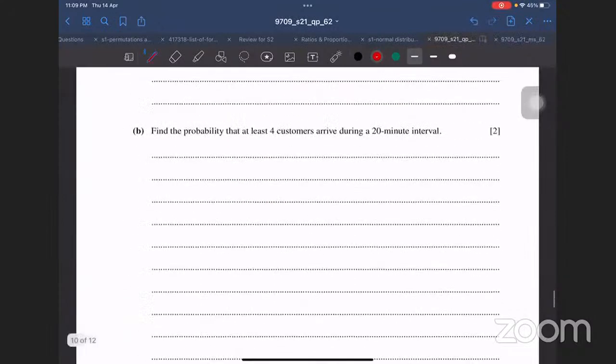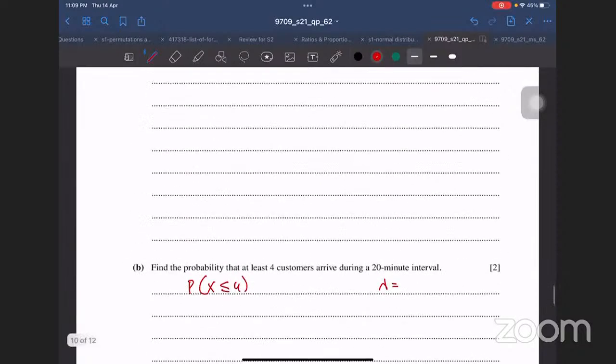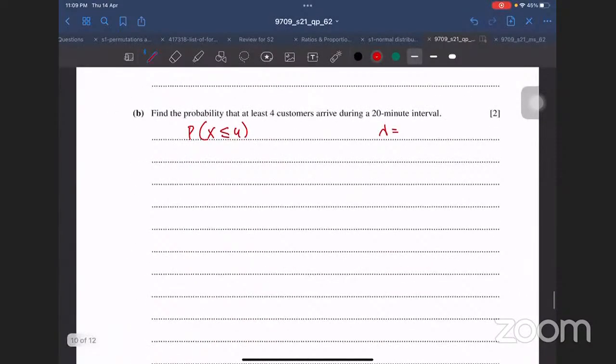Okay, then it says find the probability that at least four customers arrive during a 20-minute period. So lambda is growing again. It is now 8.4. At least four means I need the probability of 4, 5, 6 up till infinity. So I'm going to say 1 minus probability of 0, minus probability of 1, minus probability of 2, and minus probability of 3.